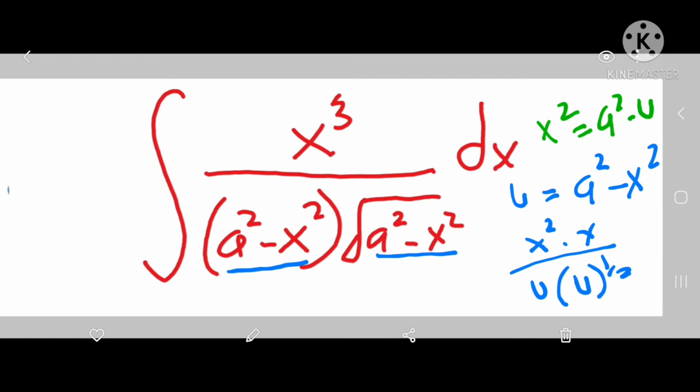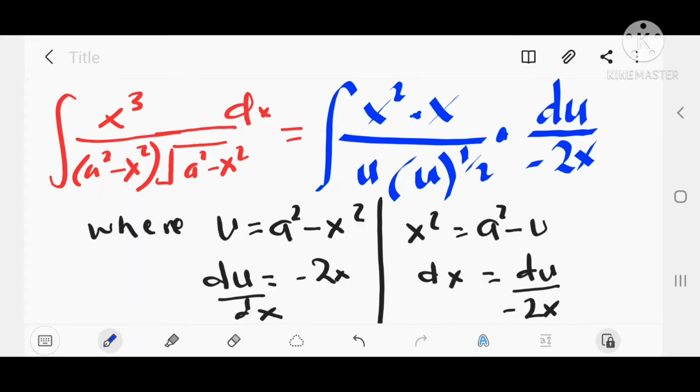So we have all what I explained in the introduction shown on our screen here. We have the x cubed, which has been expressed as x squared times x, and the u-substitution, where u equals a squared minus x squared.